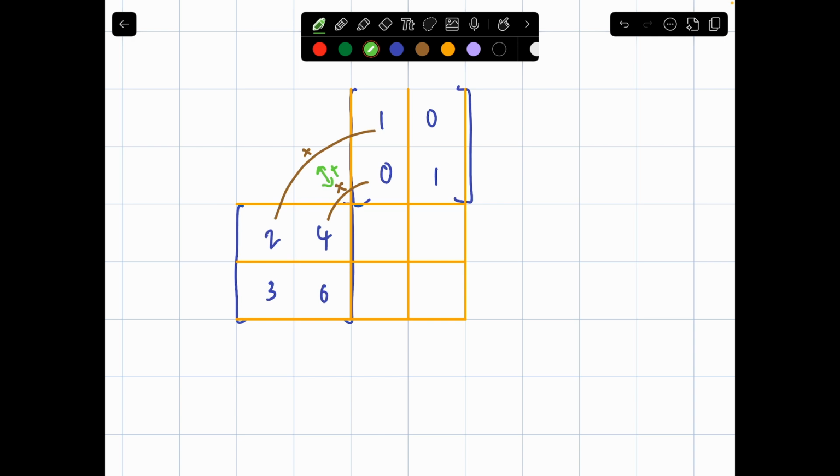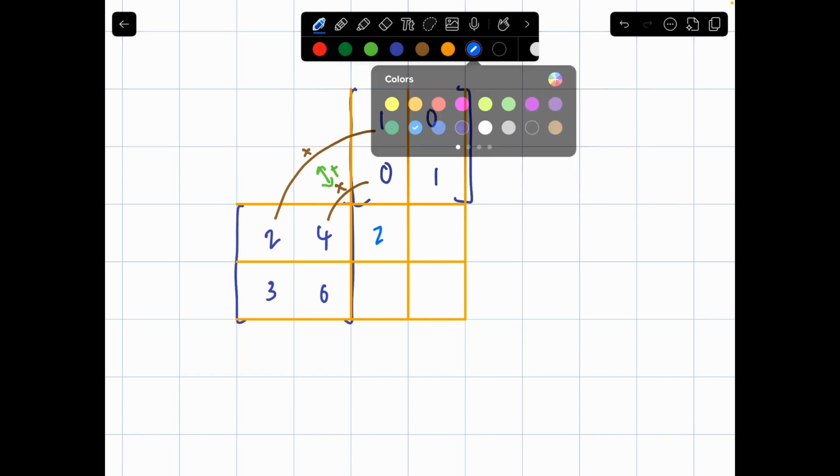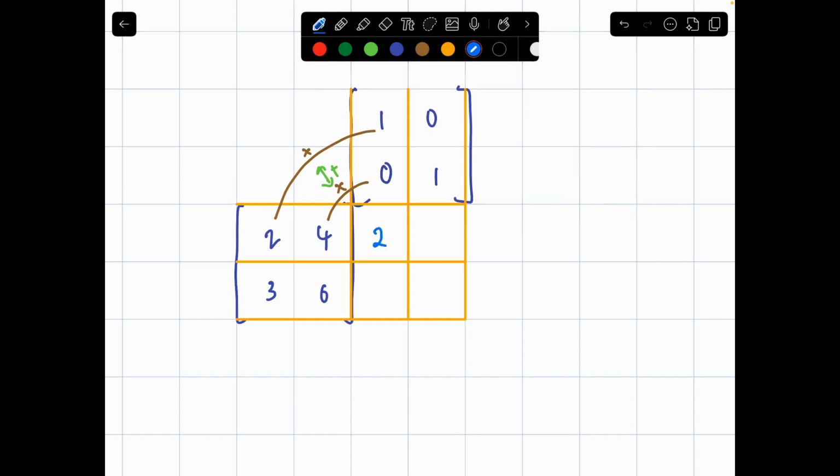And so we have 2 plus 0, we get 2. Very good. Too many options. So let's go with 2. And then for the next one, it is going to be 3 times 1 and 6 times 0. 3 times 1 is 3, 6 times 0 is 0.